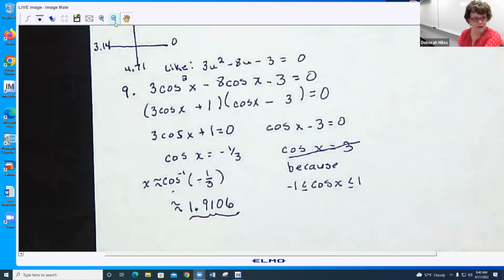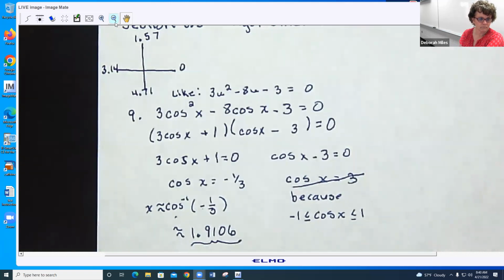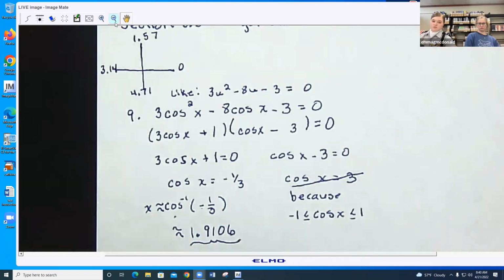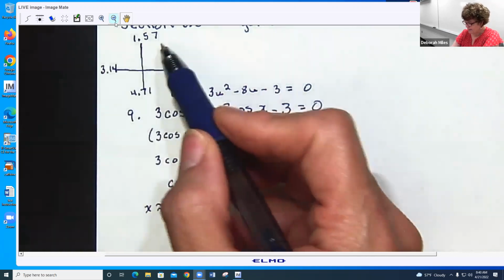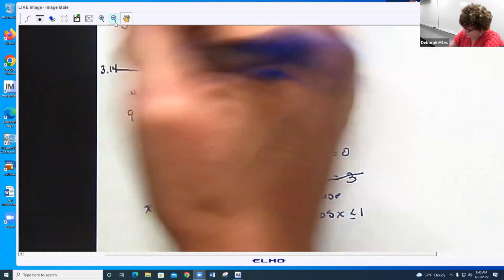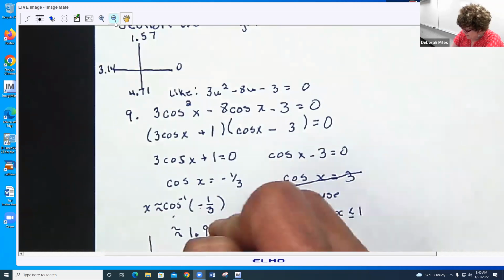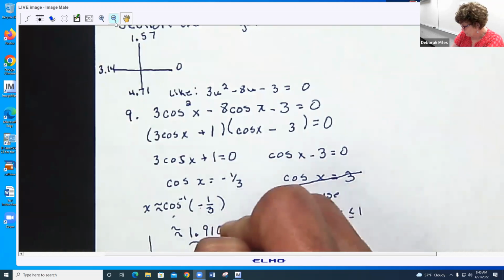Where's 1.9 radians? Second. Yeah, it's somewhere between 1.57 and 3.14. I don't know exactly, but I've never really tried to get it exactly. That's my quadrant 2 solution.